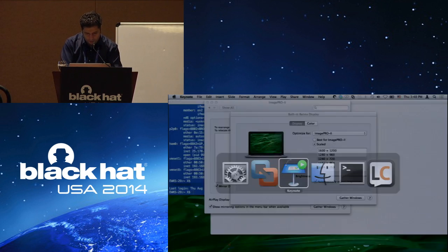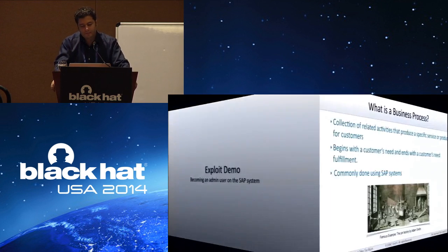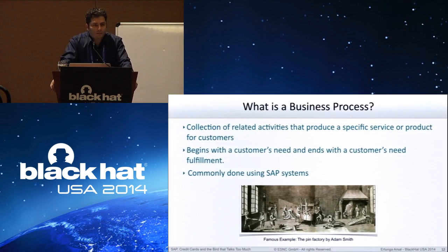So let me go back to our presentation. First, what is a business process? A business process is basically a collection of activities for producing a special service or product for customers. So they start with the customer's need and they end with these needs' fulfillment.